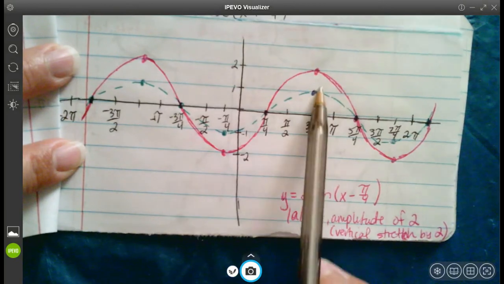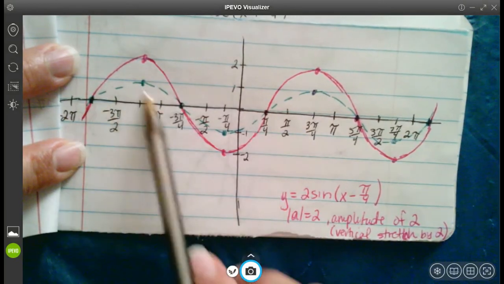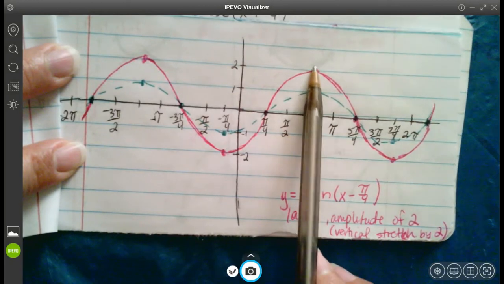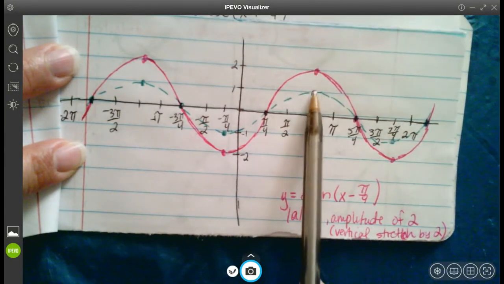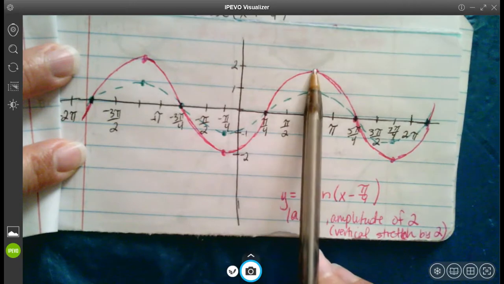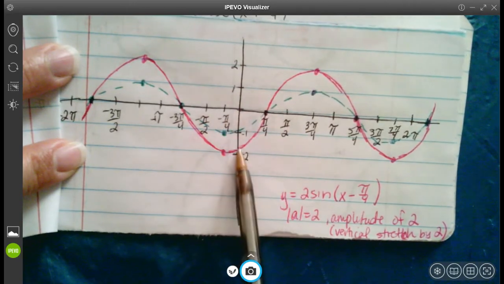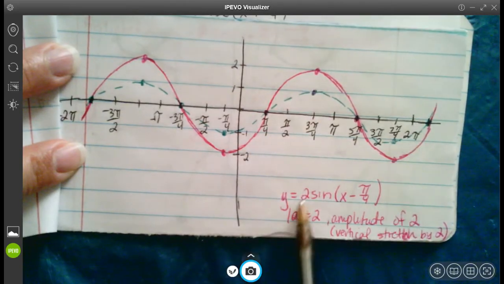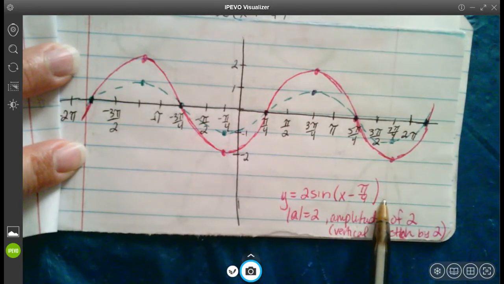So all of my points that I had on the previous page, the green one here, I'm going to move up to the 2 point, because it gets multiplied by 2. 1 times 2 is 2. -1 times 2 is -2. And this now represents my 2 sine of x minus pi fourths, okay?